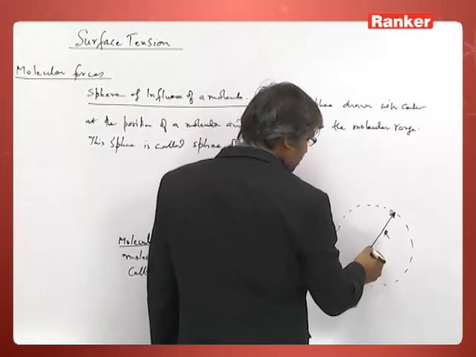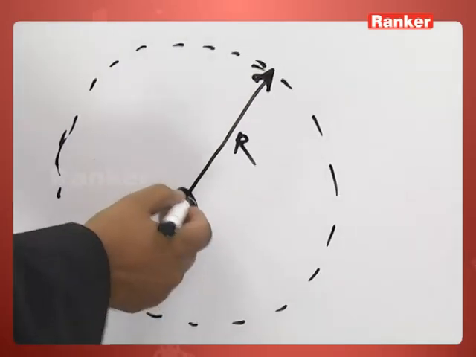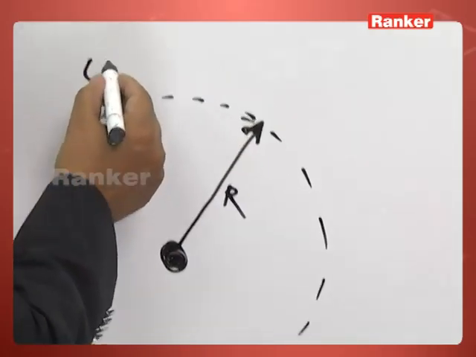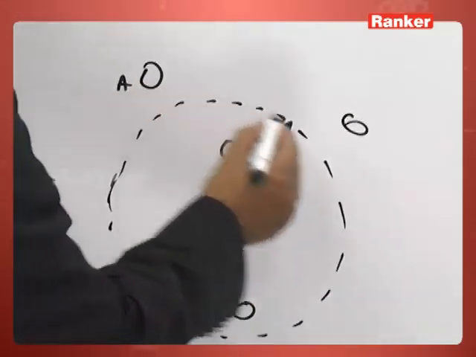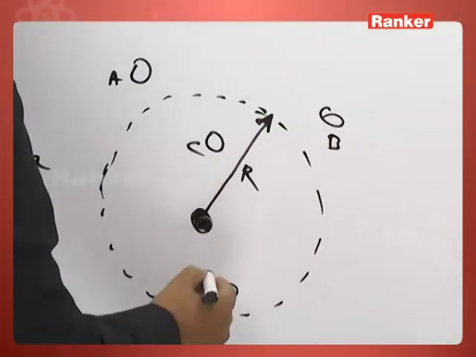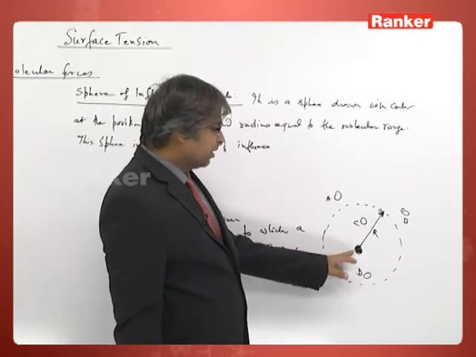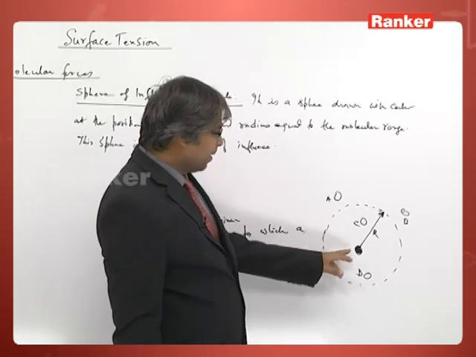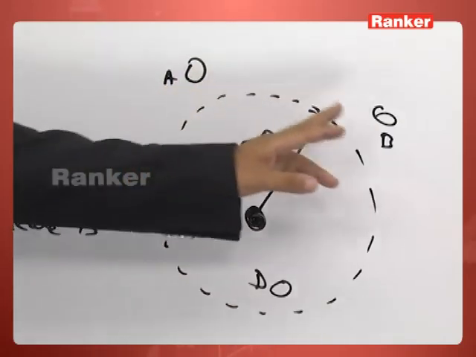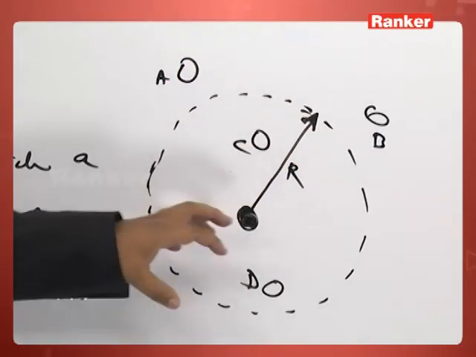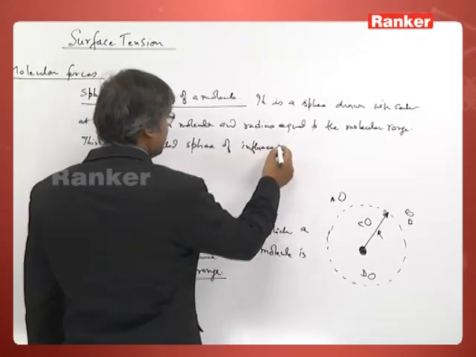Now suppose this is my center, the main molecule, and I have a few other molecules named A, B, C and D. This molecule can apply force only on C and D, but not on A and B, because they lie outside the sphere of influence.